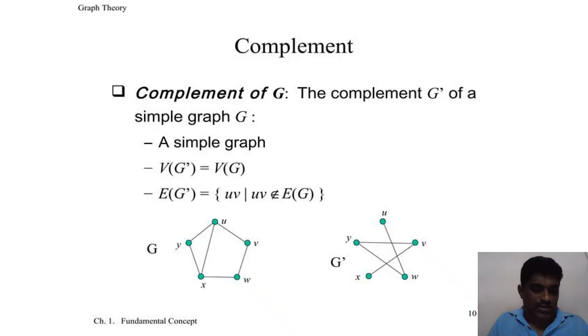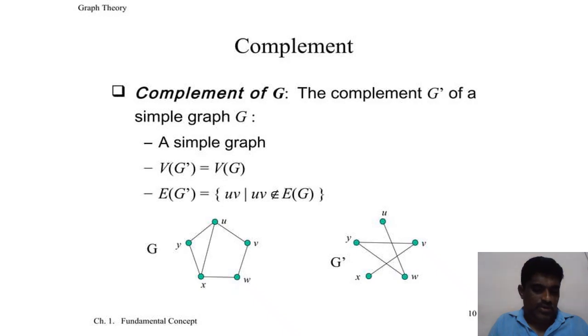And then next, the rules for constructing the complement graph. The first rule is the complement graph is a simple graph. This means there are no loops and no multiple edges. This is a very important rule. And second rule, the vertex set stays exactly the same in the complement graph. That means the vertex set of the complement graph is equal to the vertex set of the original graph.